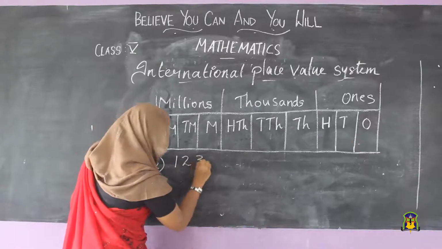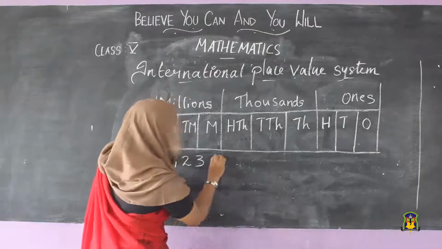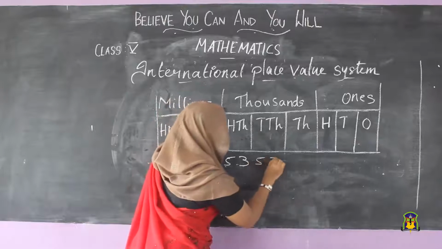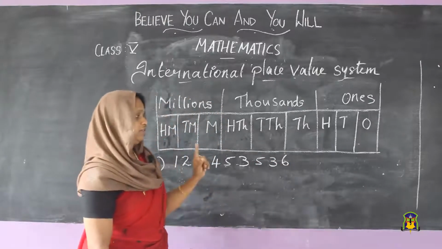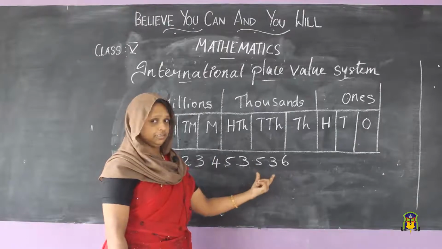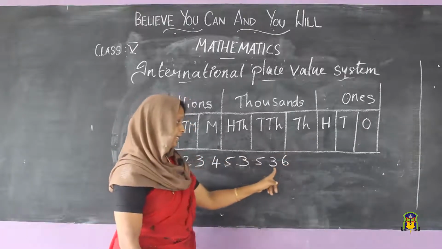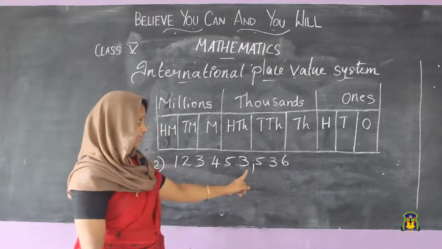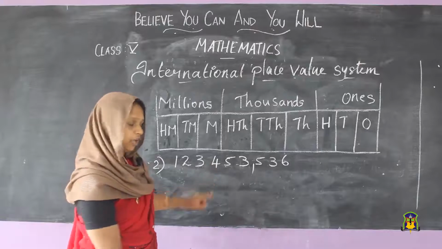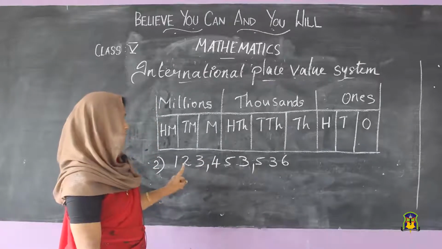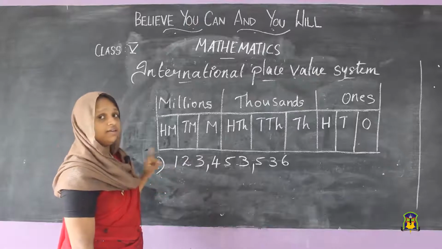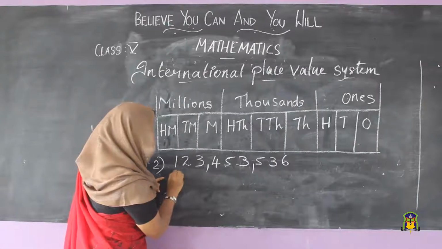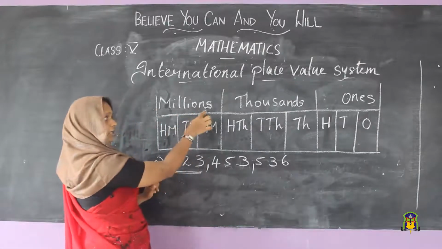Next question, you want to write in words. What's the first step? Yes, we want to insert commas. So ones, tens and 100 come under the ones period. Next 1,000, 10,000, 100,000. Next million, 10 million and 100 million. So we can write this as what? 123. This 123 comes under the million period.